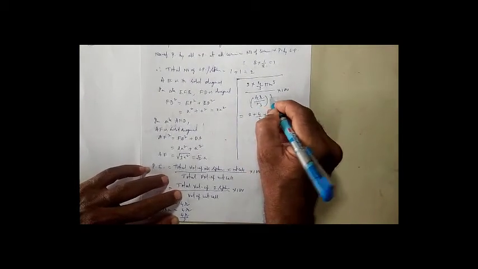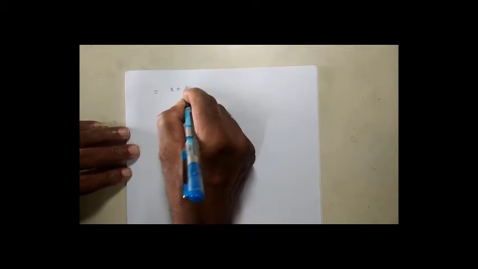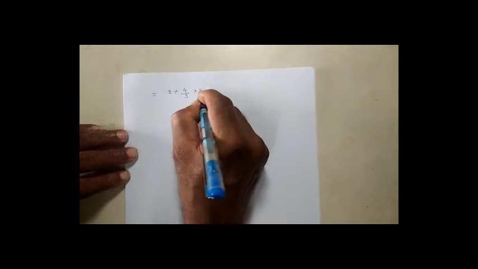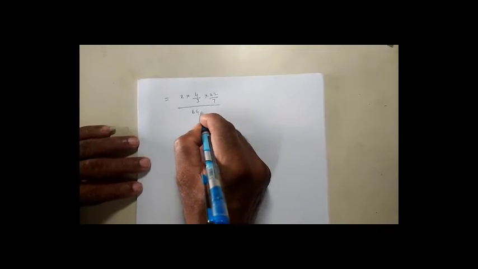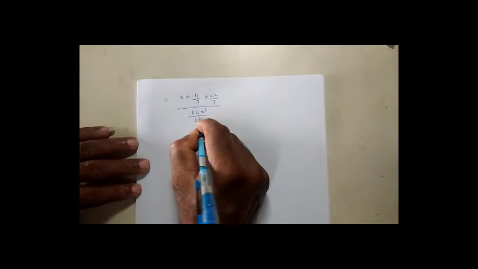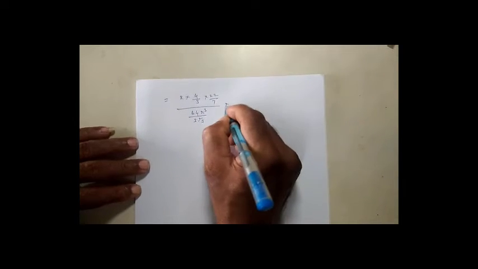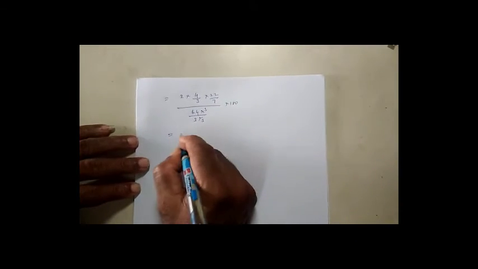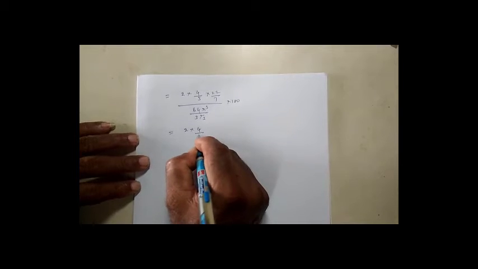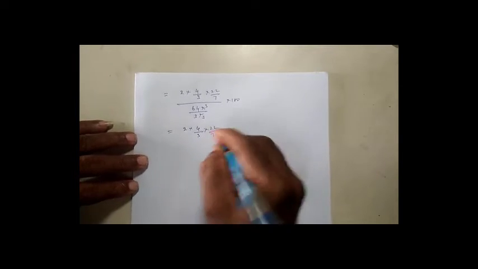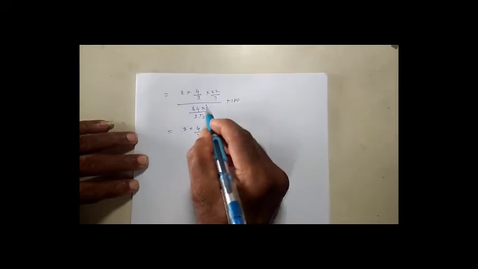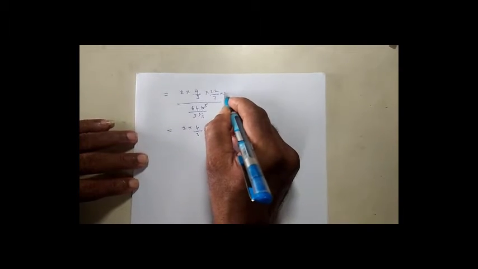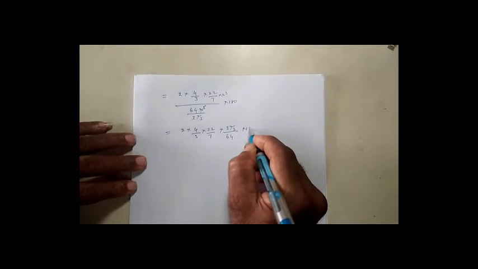This becomes 2 into 4 by 3 into 22 by 7 by 4r by root 3 whole cube, which is nothing but 64 r cube by 3 root 3, into 100. After simplification, 2 into 4 by 3 into 22 by 7 into 3 root 3 by 64 r cube. Here r cube gets cancelled, into 100.